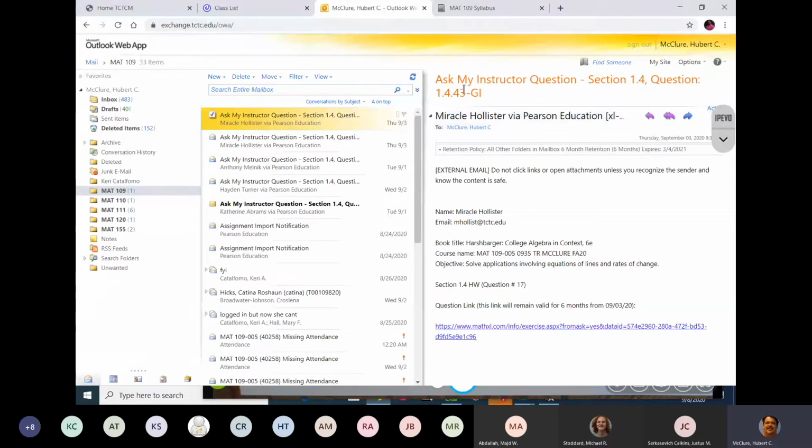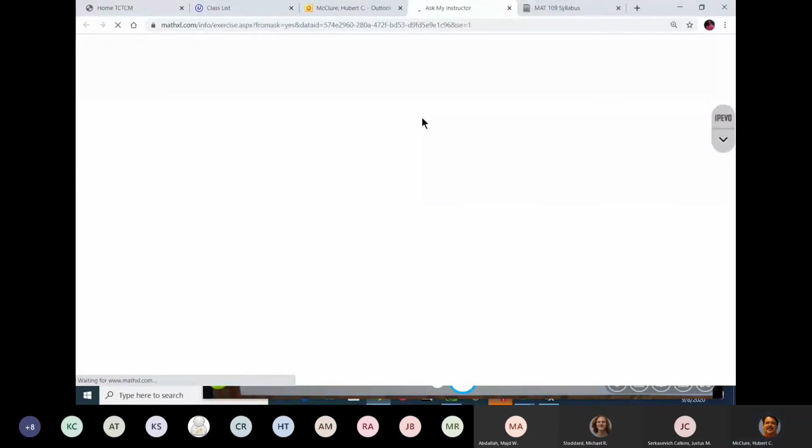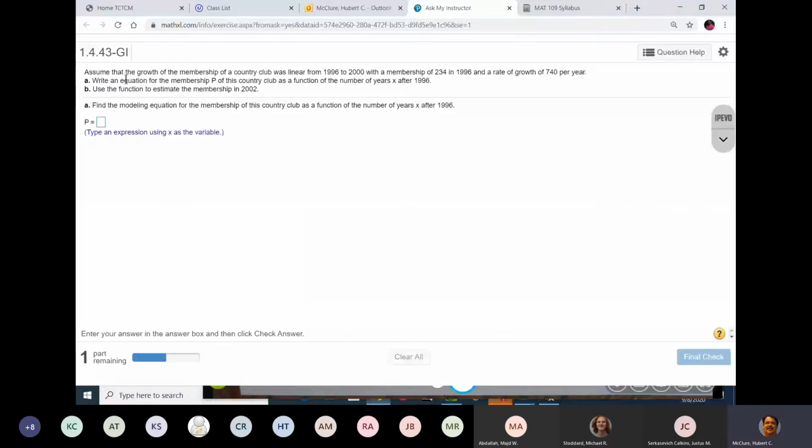1.443 in the book. Number 17 online. Assume that the growth of the membership of a country club was linear from 1996 to 2000, with a membership of 234 in 1996 and a growth rate of 740 per year.